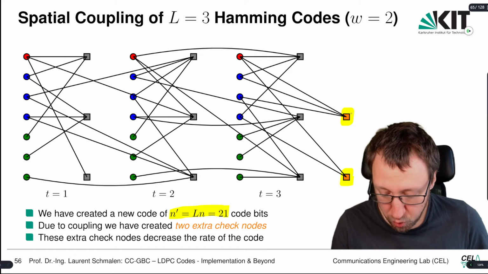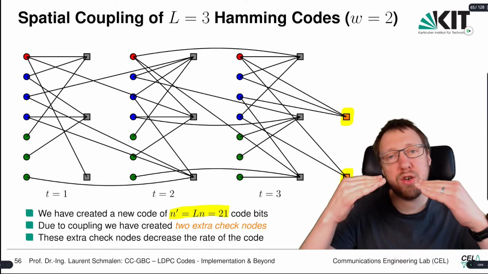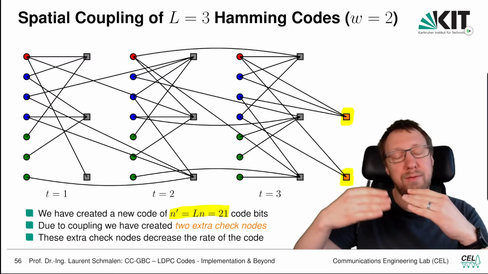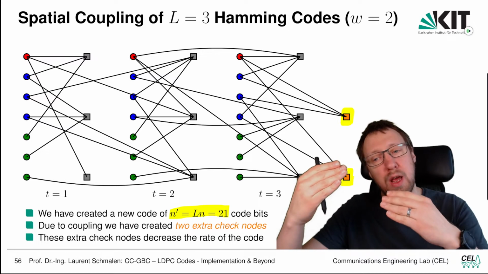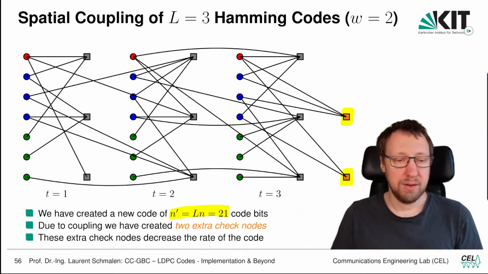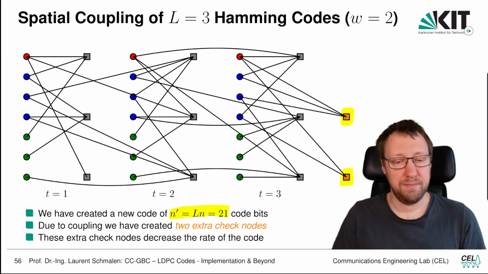So we have 2 new check nodes here at the boundary, and they decrease the rate of the code a little. Remember, if you add check nodes to your code, your rate will decrease. So these extra check nodes essentially decrease the rate of the code.